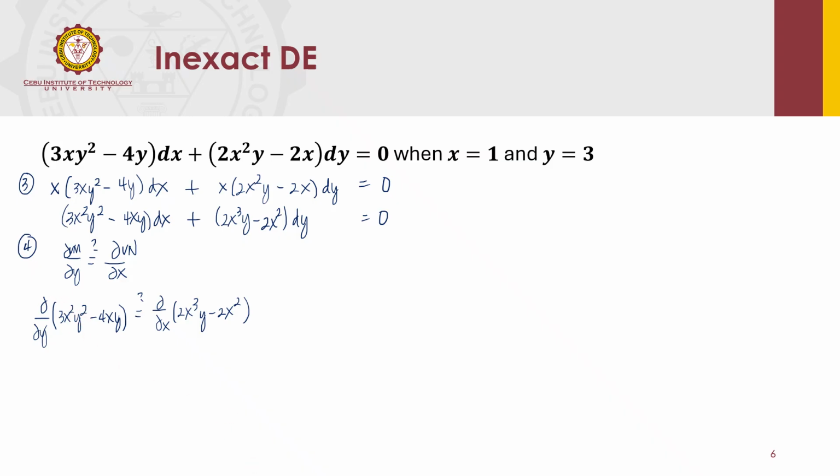So that's 6x squared y minus 4x for the second term. And on the right side, we have x as the variable. So the derivative of x cubed is 3x squared, times 2y, so it's 6x squared y. And for the second term, that's 4x. All right, so the left side is equal to the right side, therefore it is an exact differential equation.